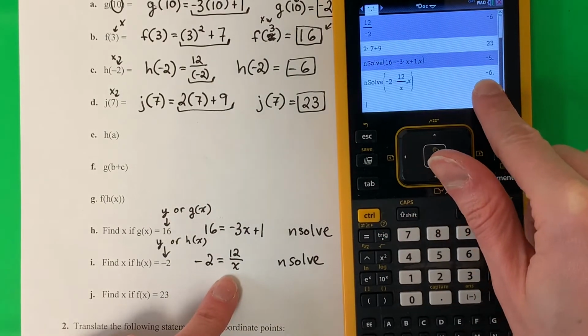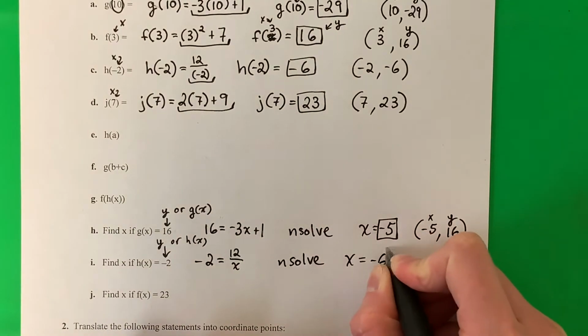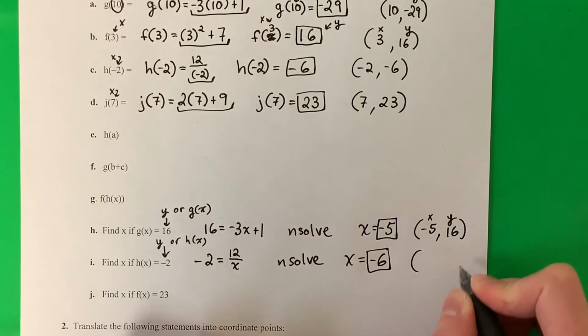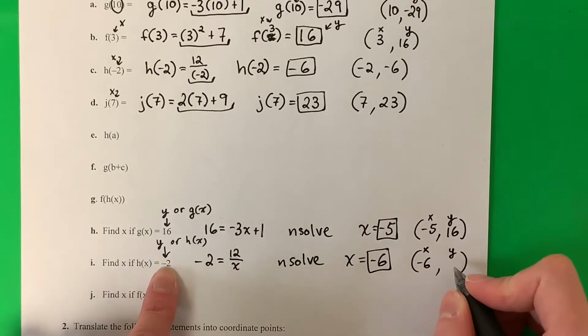X is negative 6. So x is first, y is second, my x is negative 6, and my y is negative 2.